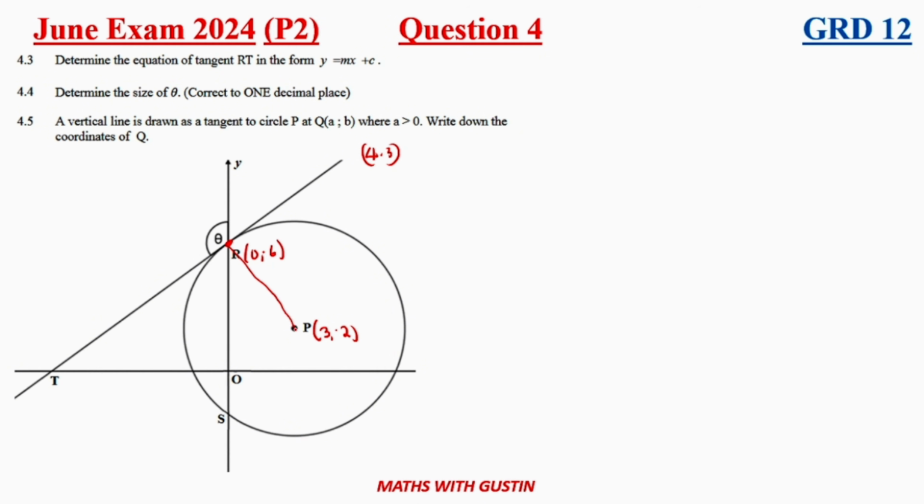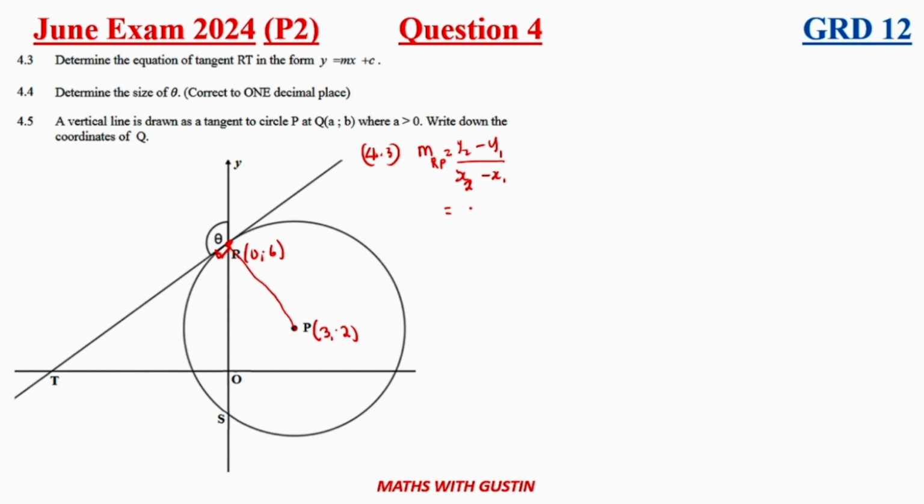Okay, so we know that this line, because it's a tangent, is perpendicular to that. So if we can find the gradient of RP, therefore we should be able to find the perpendicular gradient thereof. So the gradient of RP is going to be given by y2 minus y1. Some will say y P minus, it doesn't matter, guys, as long as we substitute correctly.